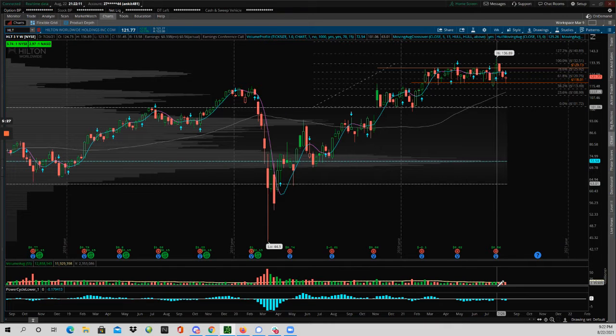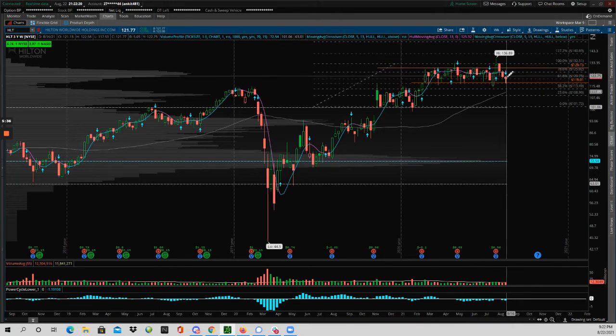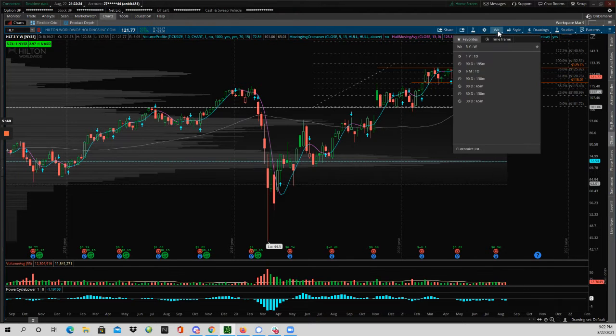What I would really like to see is a big spike while the price is ranging, because that tells me that someone has built a really big position. But till then, I think it's going to be a waiting game.